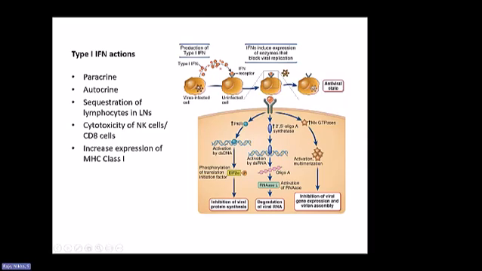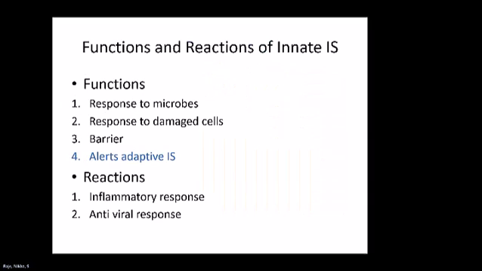So these type 1 interferons have paracrine or autocrine function and kind of warn the other cells of the presence of the infection, which leads to prevention of infection of the other cells, or overall an antiviral state.